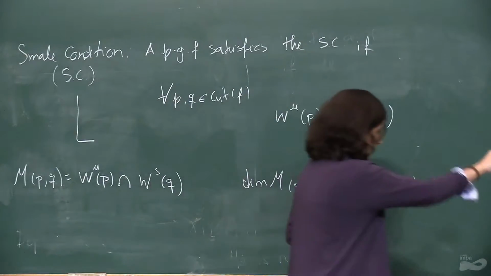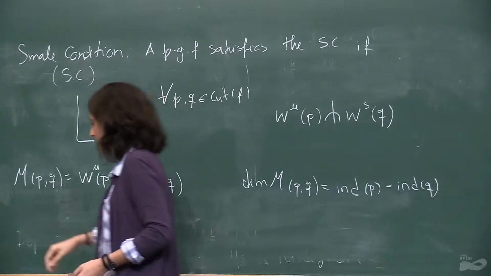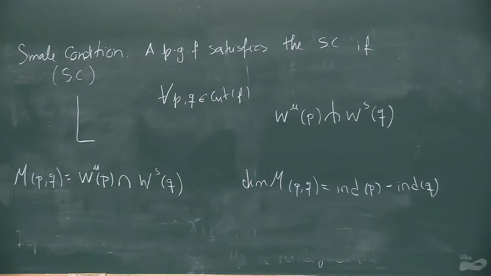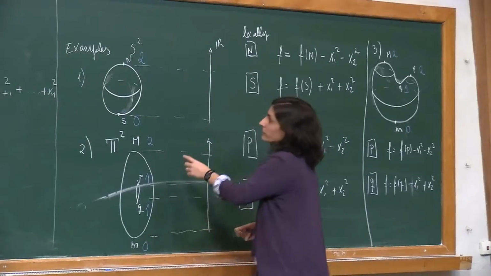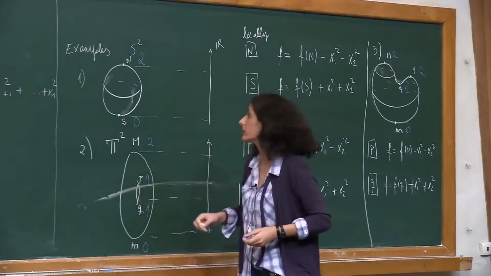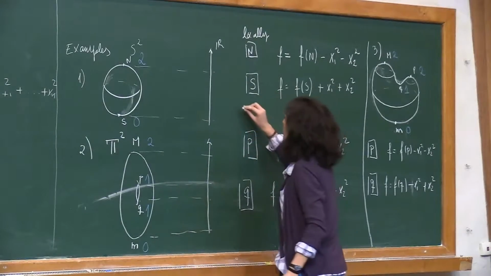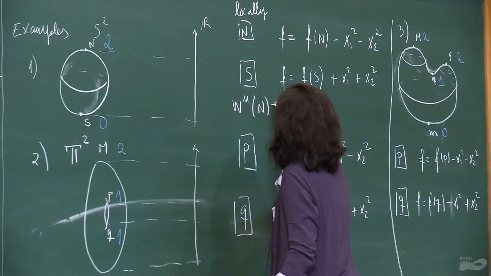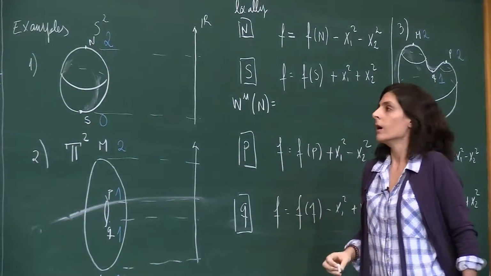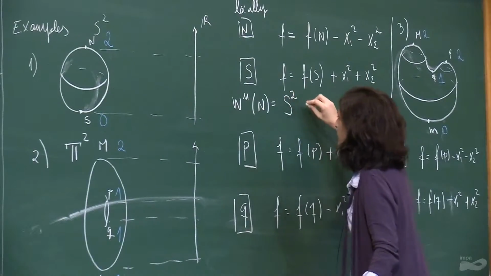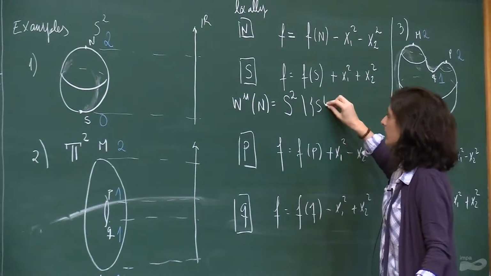Let me just go back to those examples. Let's look at the stable and the unstable manifolds here on the sphere. The unstable manifold of the North Pole is basically given by all points on the sphere except the South Pole.